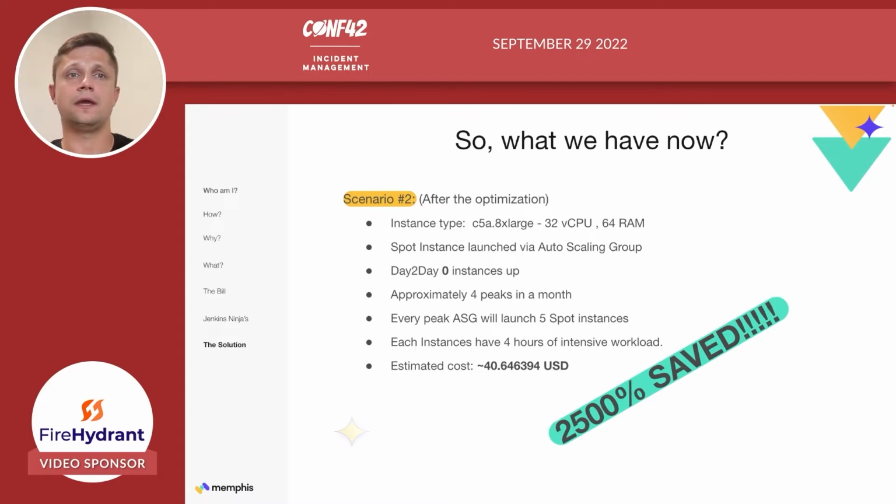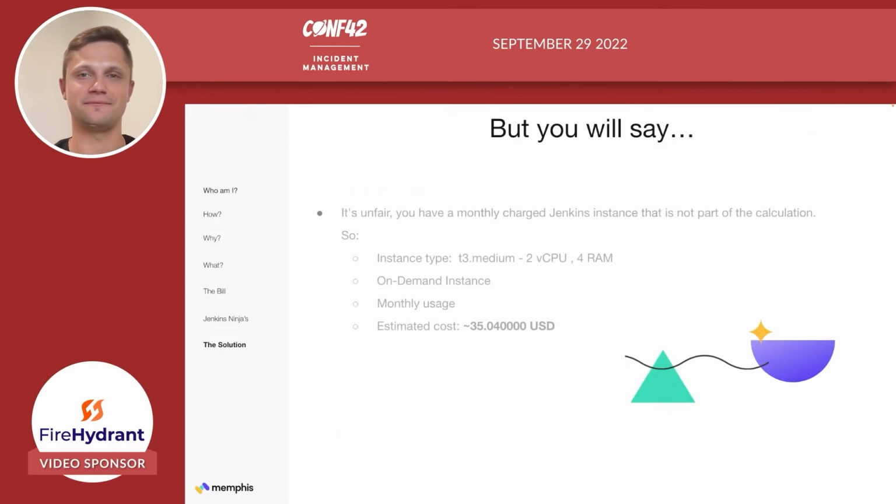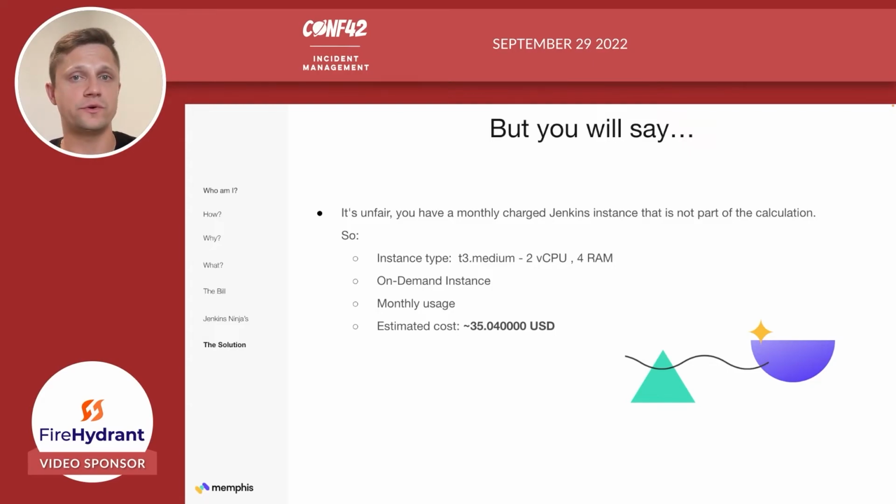Okay? The one who is still listening will ask, it's unfair, you know. You are talking about the spot machines, but all this time you still have the Jenkins instance up and running. And yes, you are right. But now my Jenkins coordinator is a different instance type. It's not free, but it costs me much less.